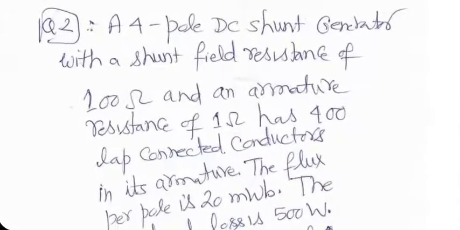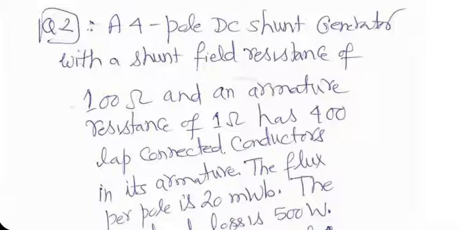A 4-pole DC shunt generator with a shunt field resistance, which is going to be denoted by RF, that value is 100 ohm, and an armature resistance, which we denote by RA, the value is 1 ohm. It has 400 conductors, capital Z is 400, and it is lap connected armature. So capital A, the number of parallel paths, is 2.